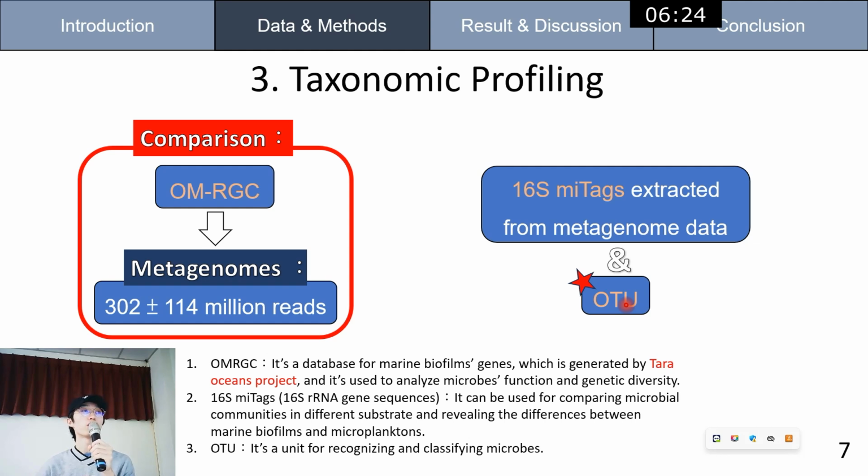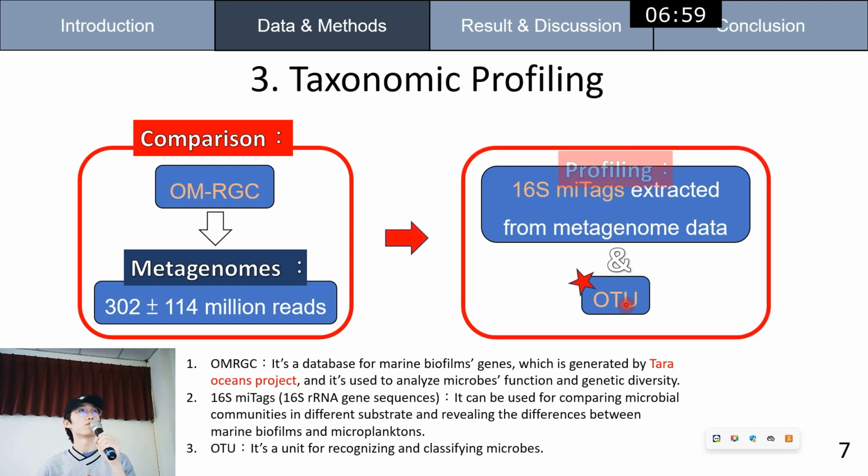It's a unit for recognizing and classifying microbes. For example, we are all Homo sapiens, right? In this classroom, we are just one OTU. But we don't use OTU for humans because we already have a name, Homo sapiens. There are too many kinds of bacteria, so if you want to give each a name, it will take a lot of time. So you use the OTU. And this is profiling.